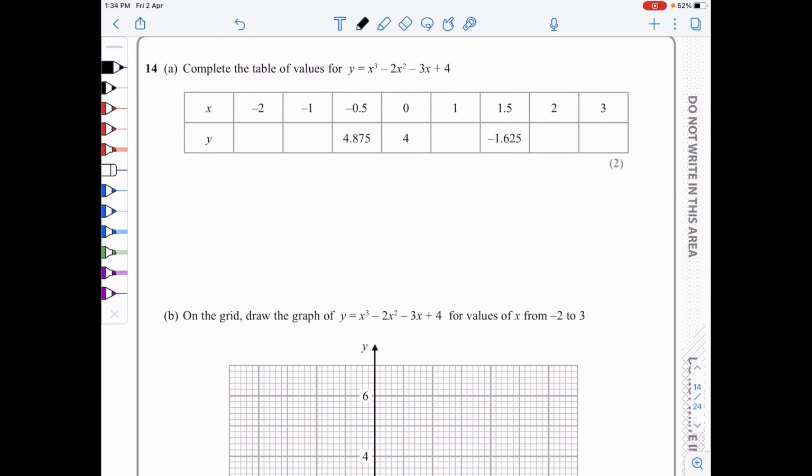In 14, we are given a table of values, and we are asked to complete the table. We can use the calculator essentially to reproduce the whole table in one go, which will allow us to check that everything is there by comparing with the given answers and also fill in the missing numbers.